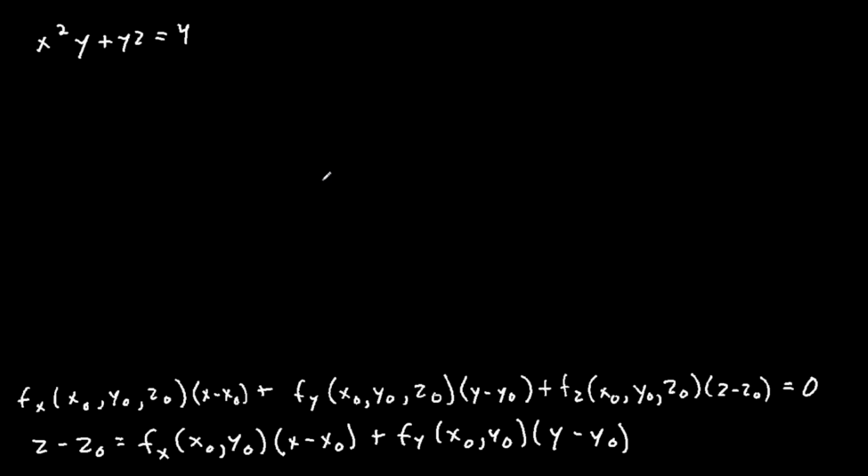Then again, I guess you could turn this into a standard equation form by just isolating z. But we're going to find the tangent plane at the point 2, 1, 0. So you can try that out yourself using this format here for the equation.